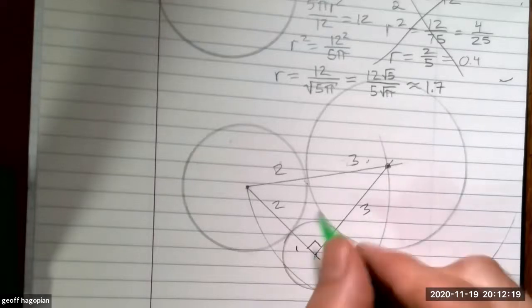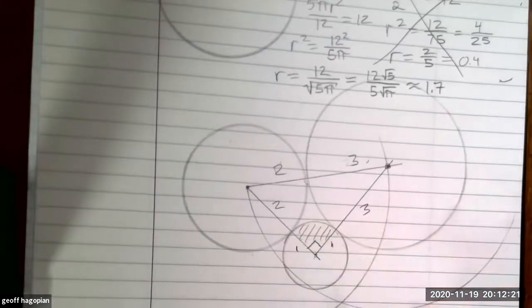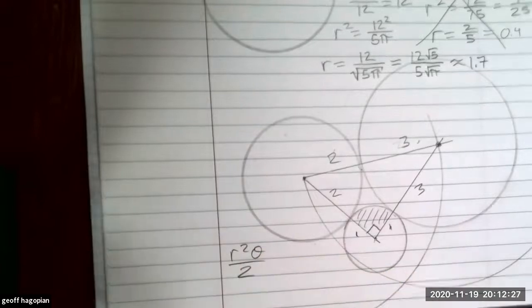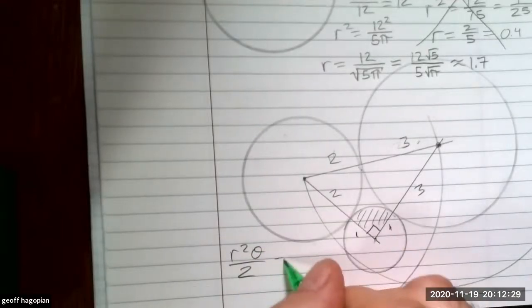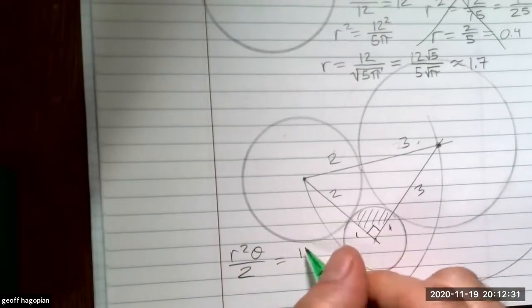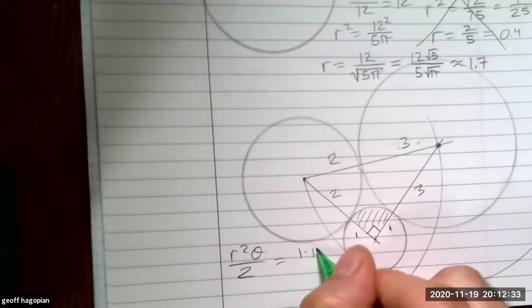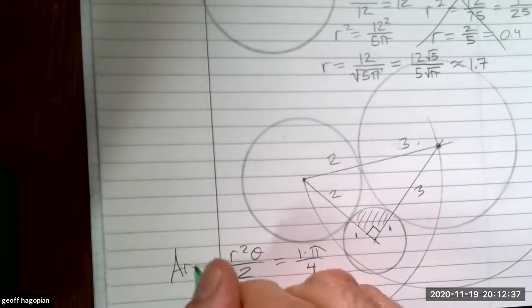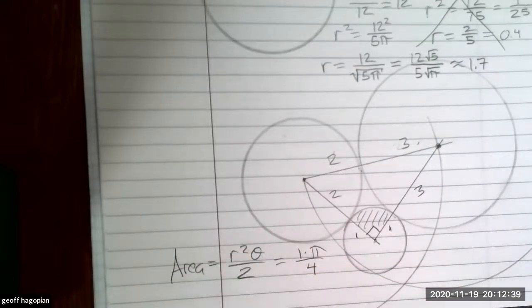And so this is a right angle here. And we could find the area of that sector is r squared theta over 2, which is going to be 1 times pi over 4, right? So that's the area of the sector we want.